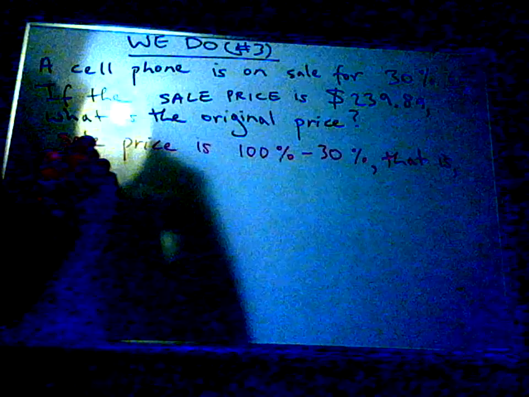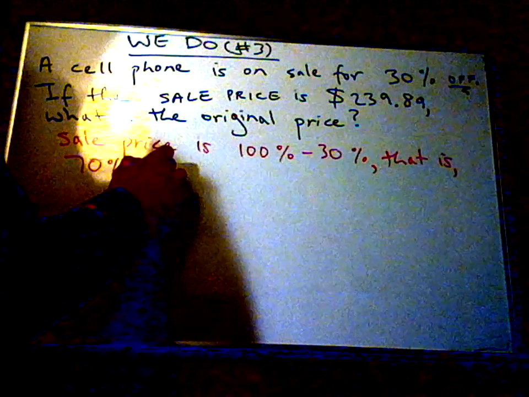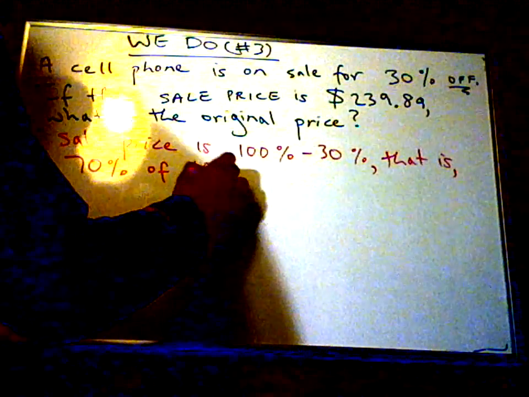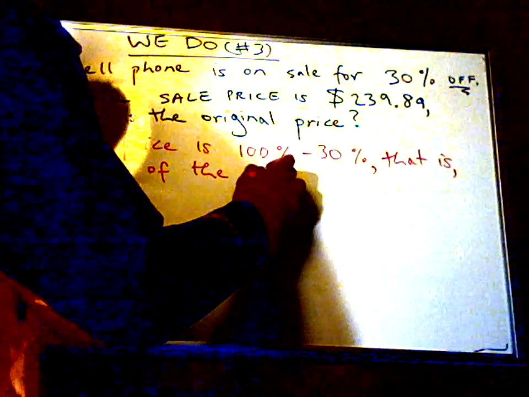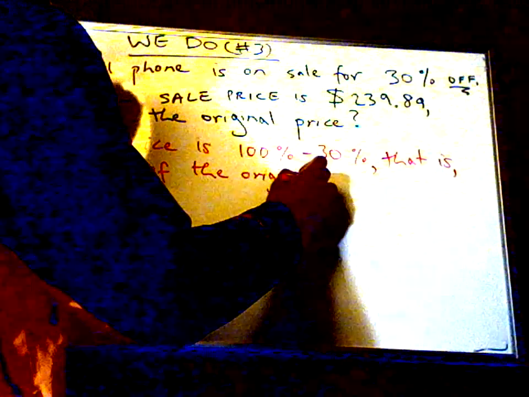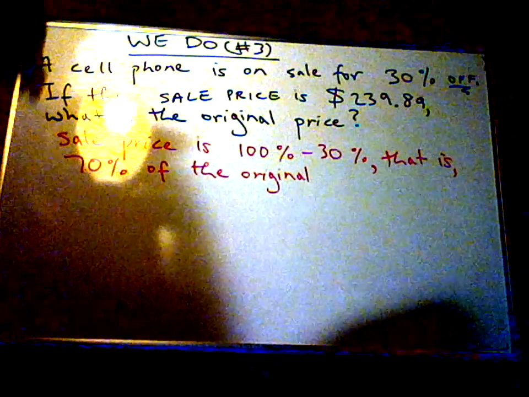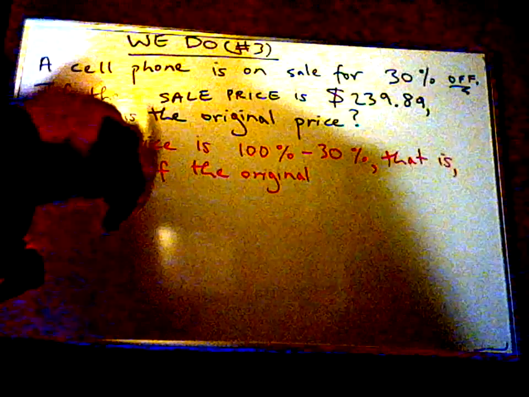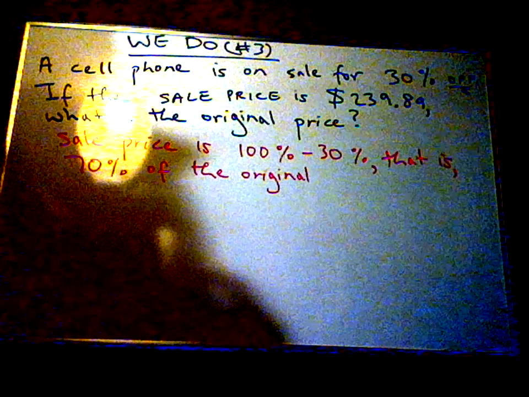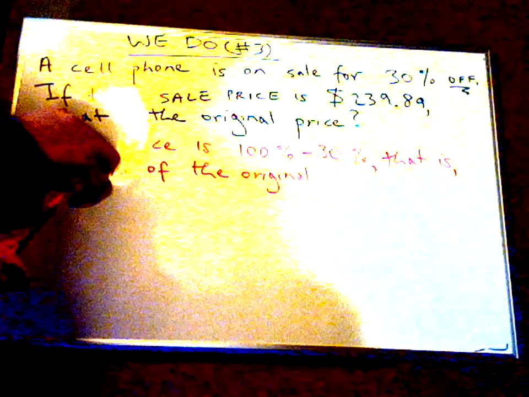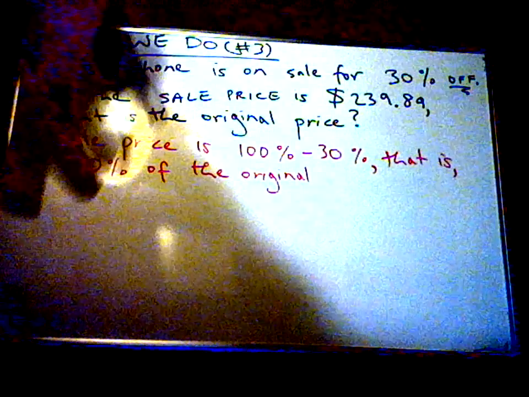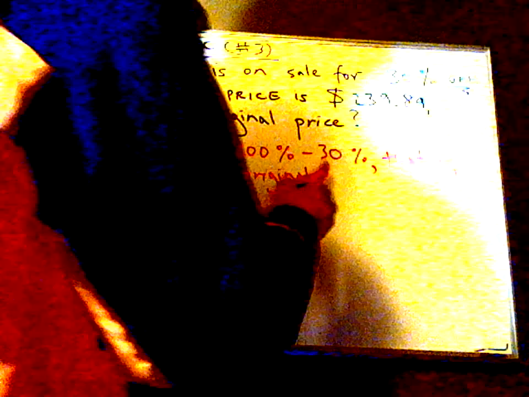That is 70% of the original price, because we're giving you 30% off. We take the whole thing and give you 30% off. So what's left? 70% of the original price.